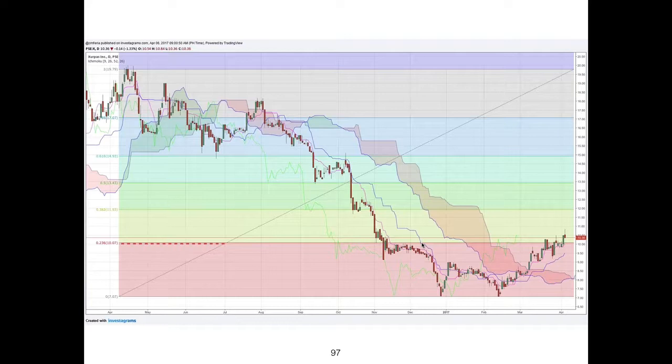Resistance 1 is near the 10 peso level, right? Previously defined. This is the 23.6 Fibonacci level. So remember when we said that supports and resistances are not exact levels but areas. Senkou span A is located in the same area.